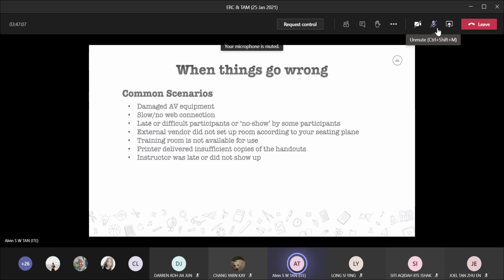These are the things that could happen: damaged AV equipment, slow web, which we cannot help, no-show participants, the vendor didn't set up the room, the training room not available, the printer cannot print the handout. Then what are you going to do, instructor, MC, and so on?